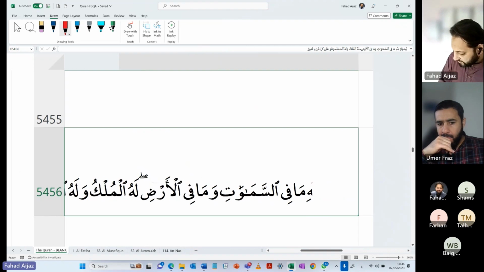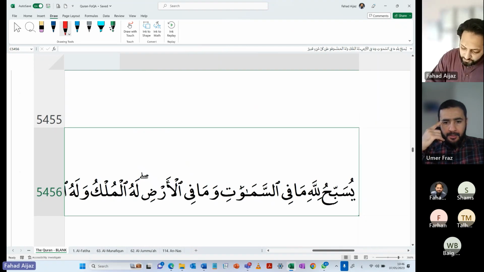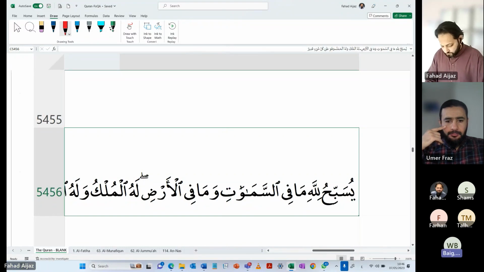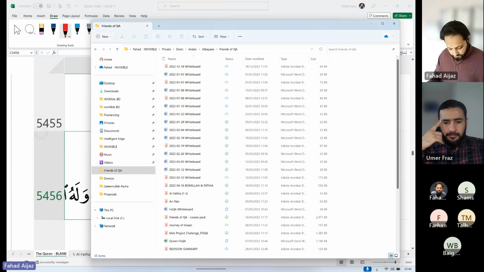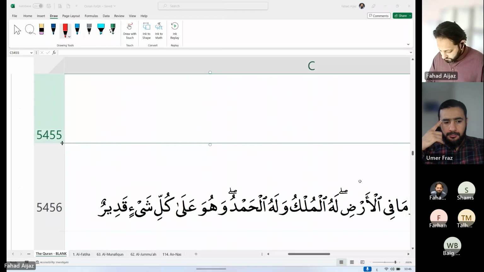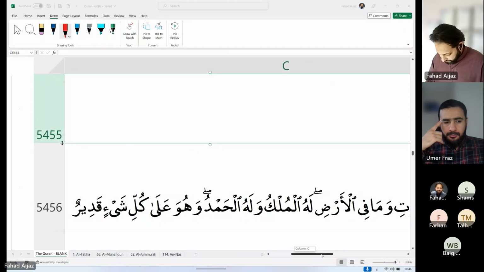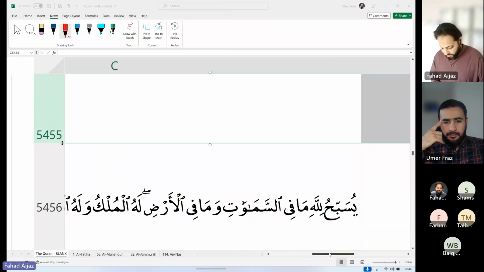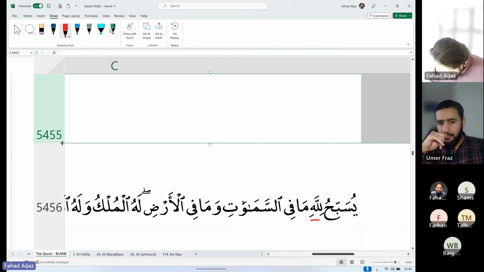Okay, and Tala says it's an example similar to what you were trying to bring up. Now, yusabbihu lillahi ma fis samawati wa ma fil ard.